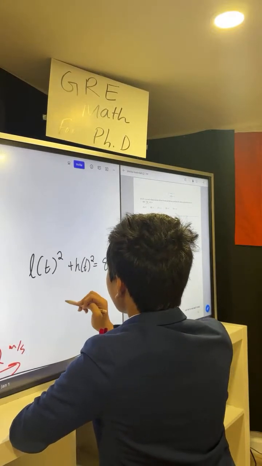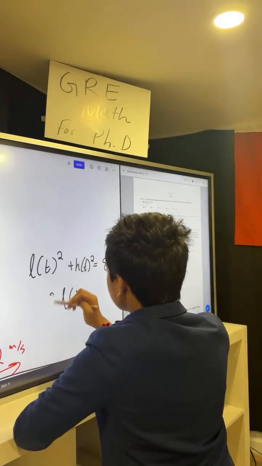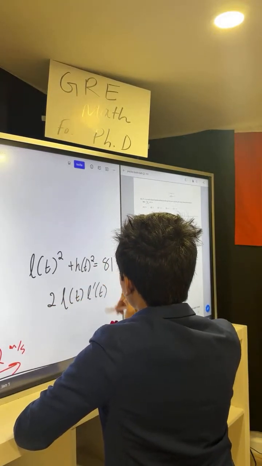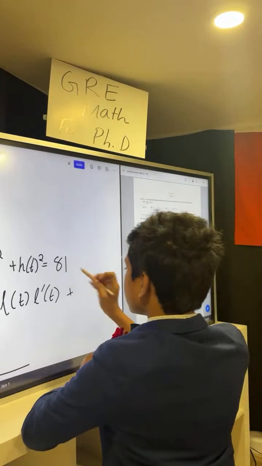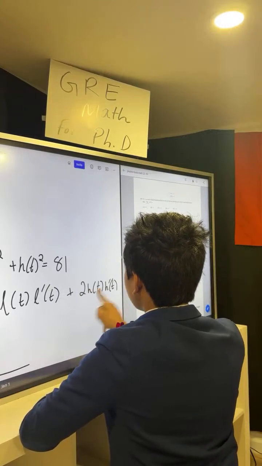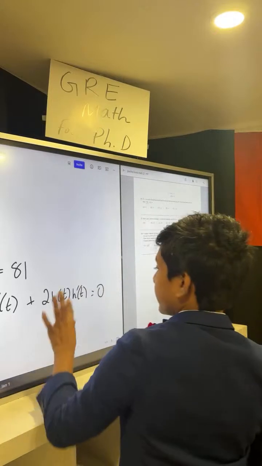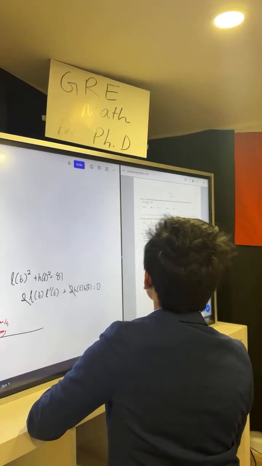So taking the derivative here, 2 length of time, length prime, plus 2 h of time, h prime, is equal to 0. And now let's cancel this out. And here's what we do.